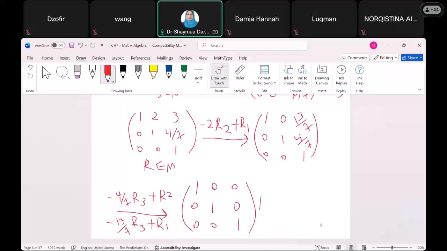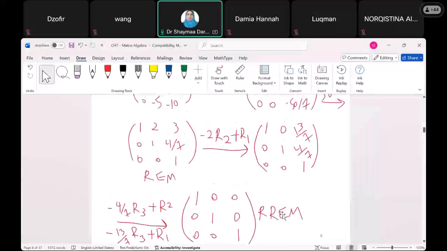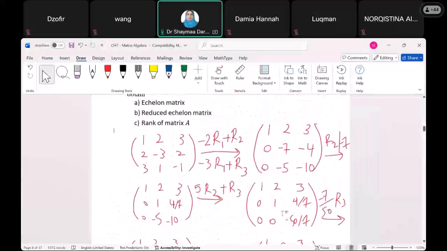So now we have the reduced row echelon matrix. First, I convert to row echelon matrix, then I continue until the reduced row echelon matrix.